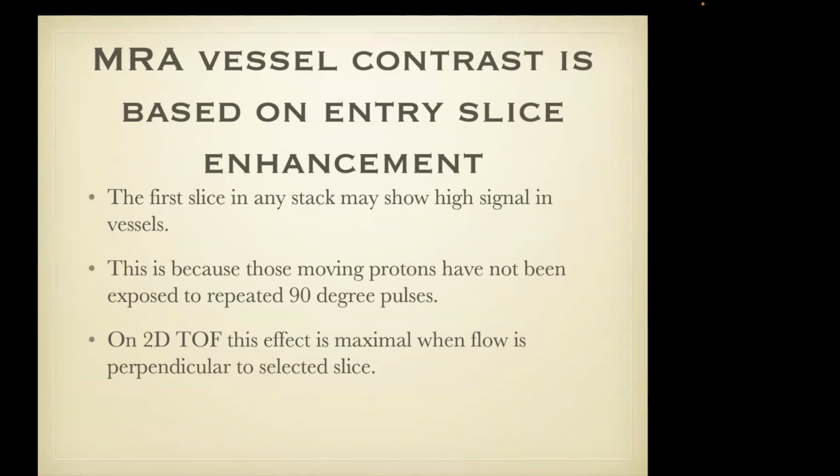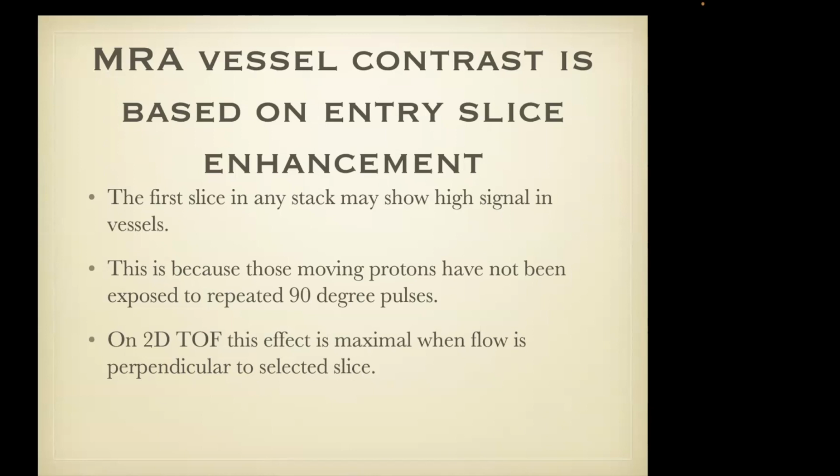And simply put, it's because those protons have not seen the repeated 90-degree pulses. So they have a full complement of magnetization so that they can give back more signal than the protons in the slice that are stationary, that are seeing repeated 90-degree pulses.